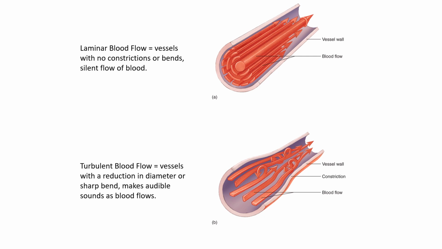In turbulent blood flow, as you see there, there's a constriction or a reduction in diameter, or sometimes a sharp bend within that blood vessel. You can hear this with either a stethoscope or a Doppler mechanism. It'd be kind of like a whooshing sound, whoosh, whoosh, whoosh, as the blood moves and creates eddies.